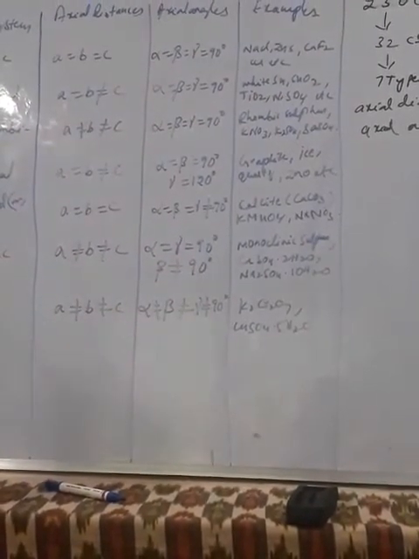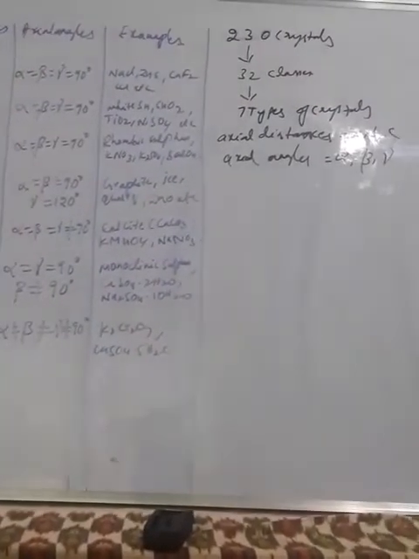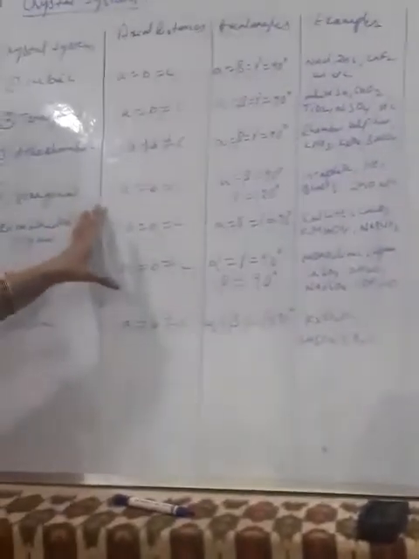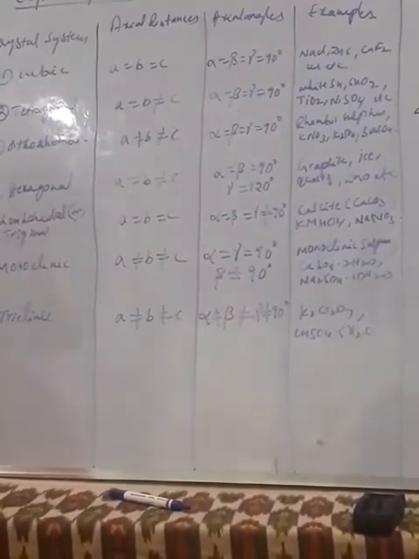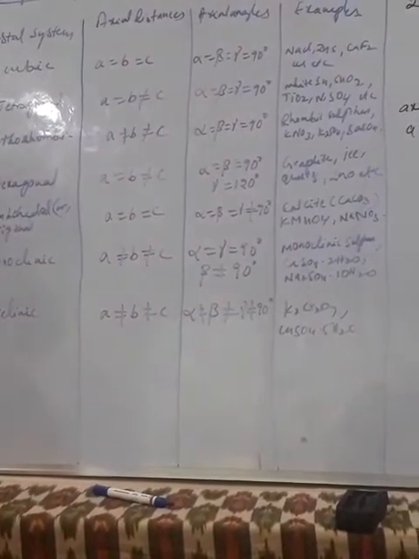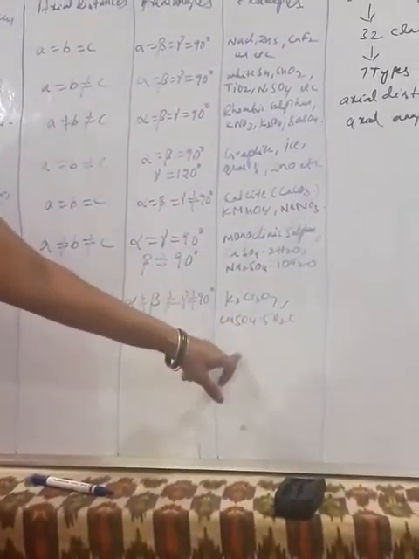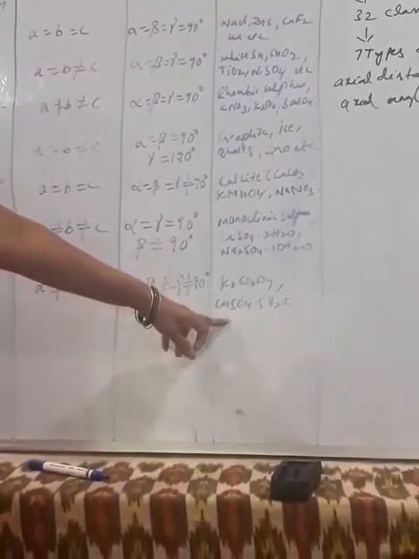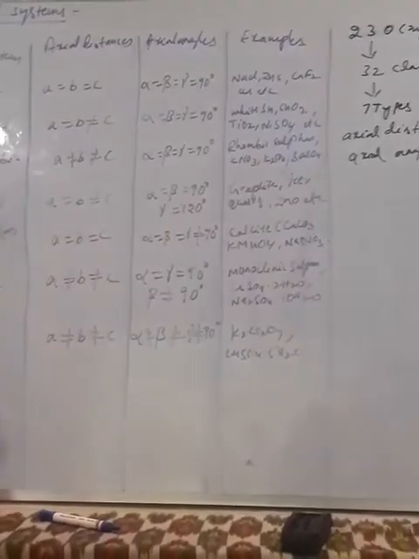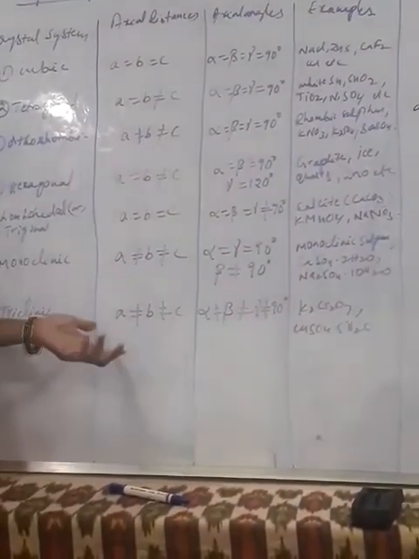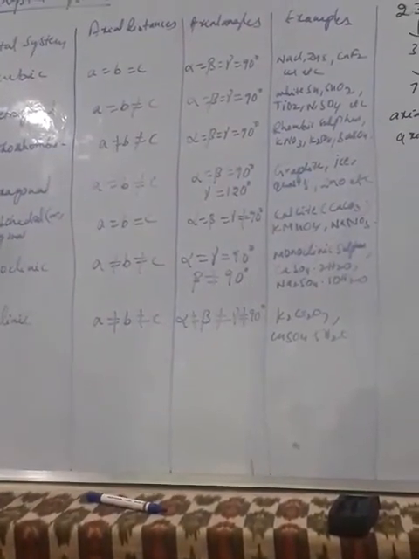So all are unequal, both axial distances and axial angles. Examples are potassium dichromate, K2Cr2O7, and copper sulfate hydrated salt, CuSO4 5H2O. All these solids show the triclinic type, where all the axial distances and axial angles are not equal.